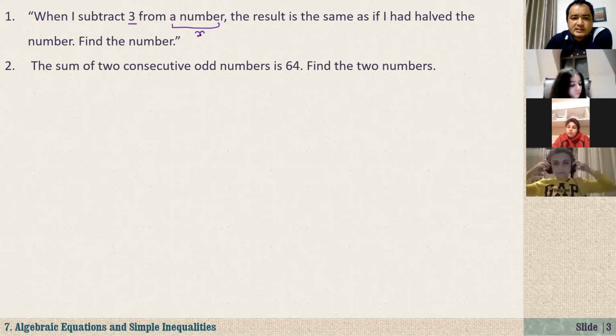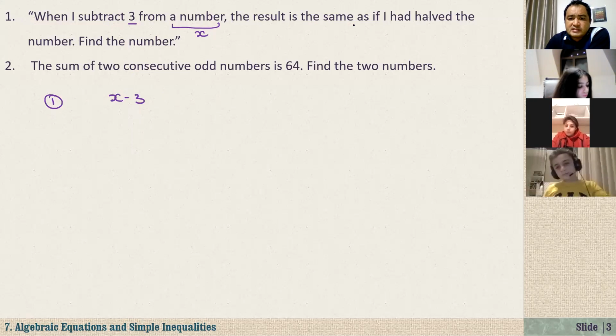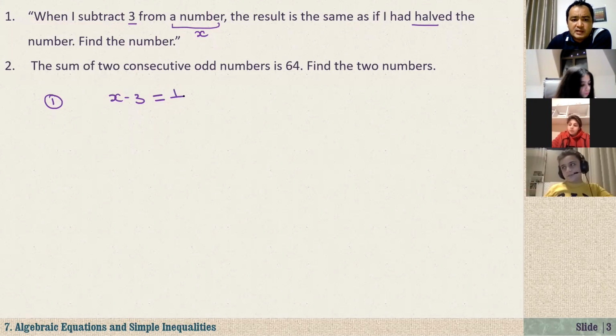Let's say it is x. So we are subtracting 3 from x. That's the first part of the question. The result is the same as, it means that it is equal to, if I halve the number. If you halve the number, we are talking about x, it is the same as 1 over 2 x.